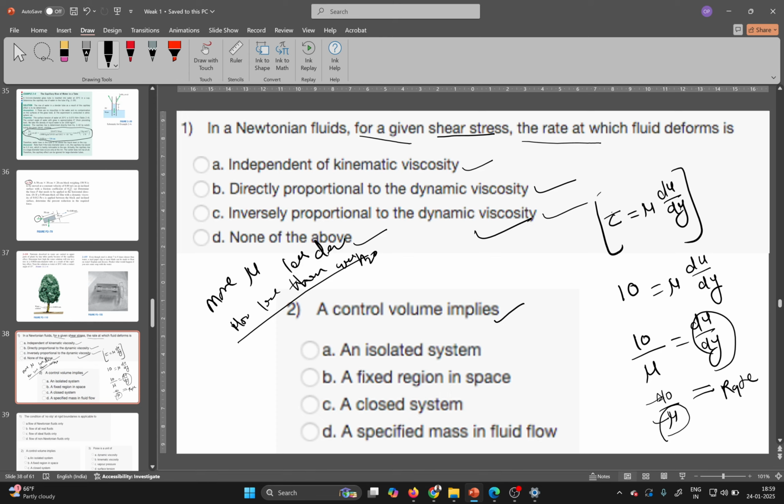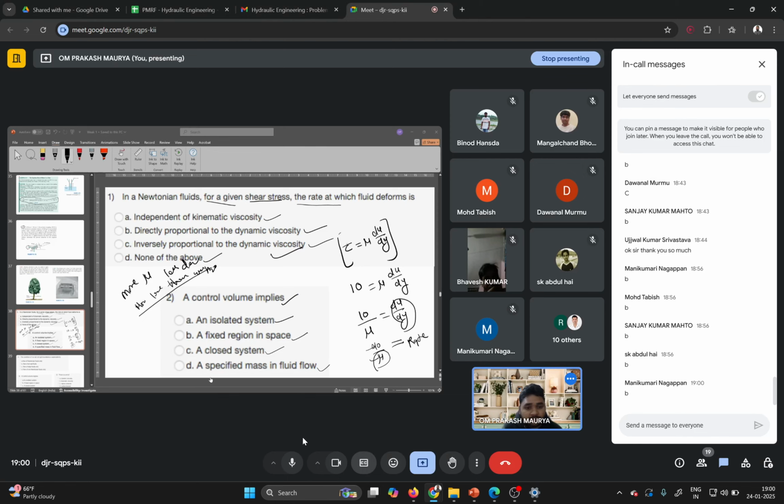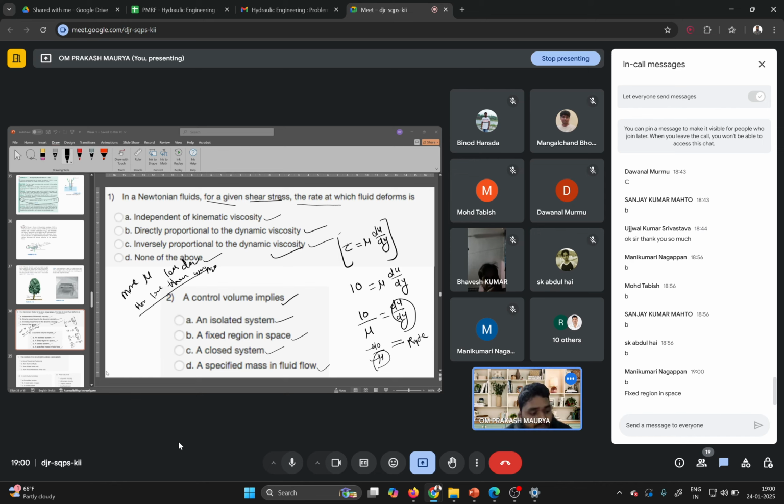The next question is: a control volume implies. First you all try to give your answer, then I'll discuss. A control volume implies: option A, an isolated system; option B, a fixed region in space; option C, a closed system; option D, a specified mass in fluid flow. Everyone please try to participate. After this question I'll take a 5-minute break, and you may also join here.